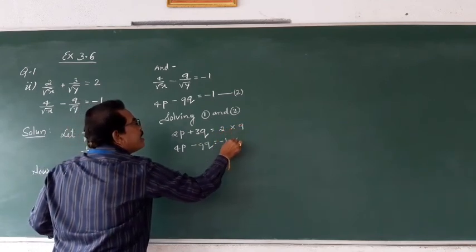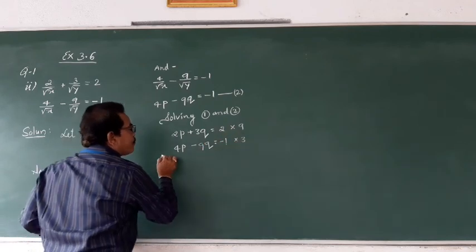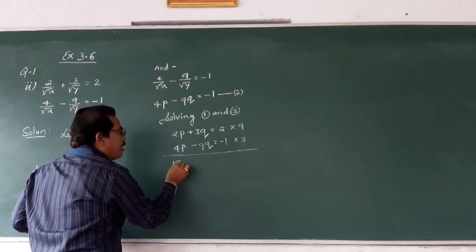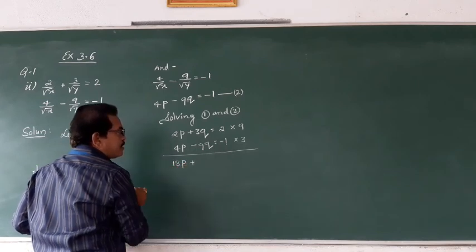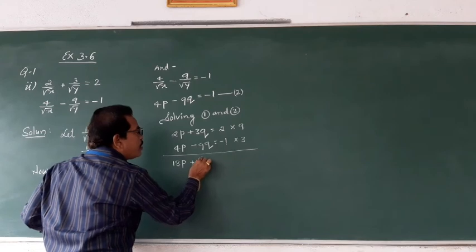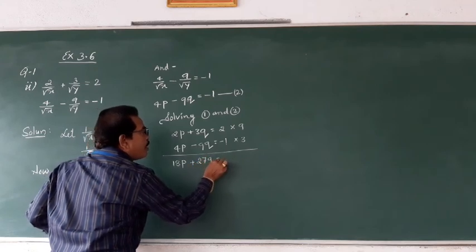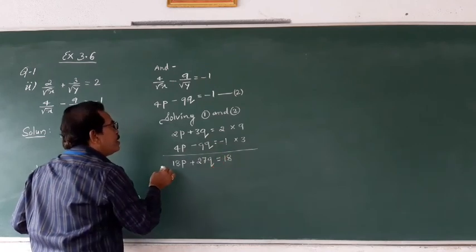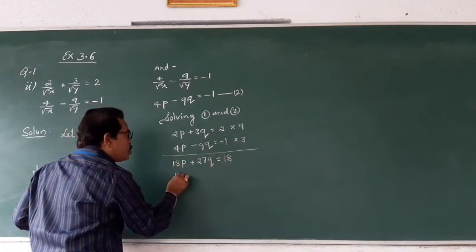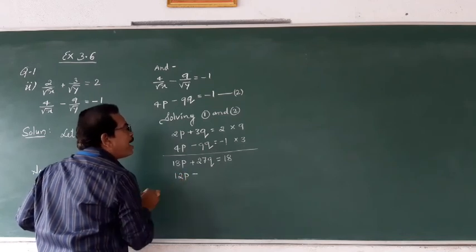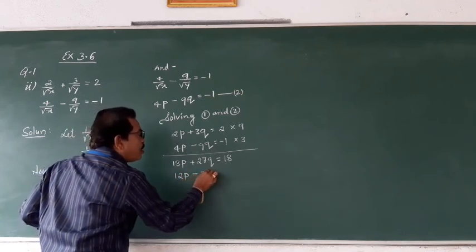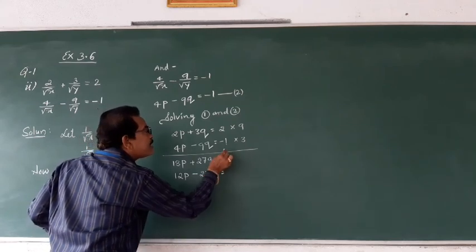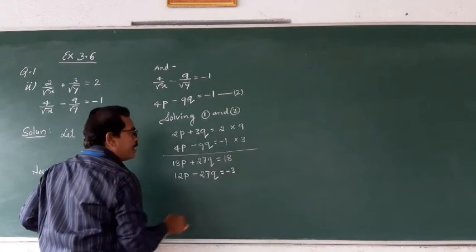Multiply by 9 and by 3. 9 2s are 18p plus 9 3s are 27q equals to 9 2s are 18. Then 3 4s are 12p minus 3 9s are 27q minus 3 1s are minus 3.